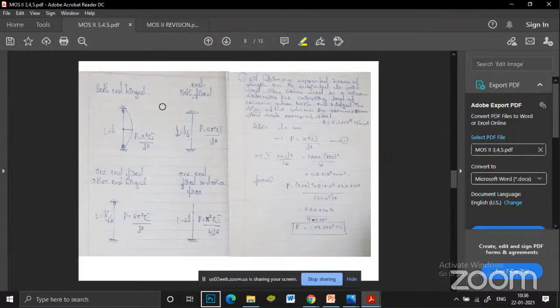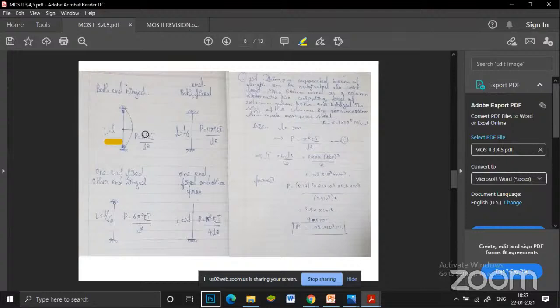For both ends hinged, L is the effective length, not the direct length. Notice here, the effective length is equal to the normal length. So load is equal to pi squared EI divided by L squared, where L is the effective length.